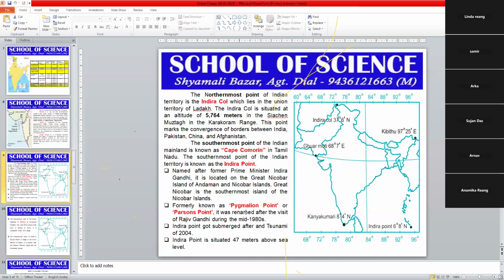Formerly known as Pygmalion Point or Parson's Point, it was renamed after the visit of Rajiv Gandhi during the mid-1980s. Indira Point got submerged after the tsunami of 2004. Indira Point is situated 47 meters above sea level.